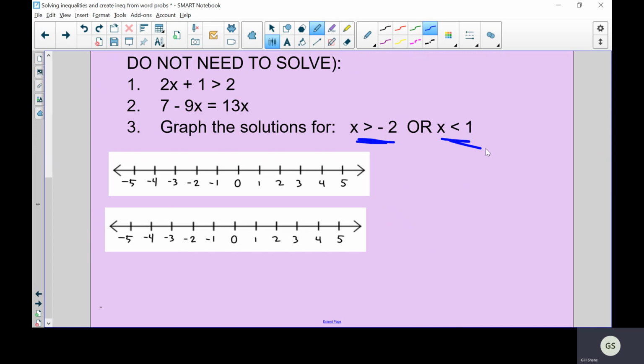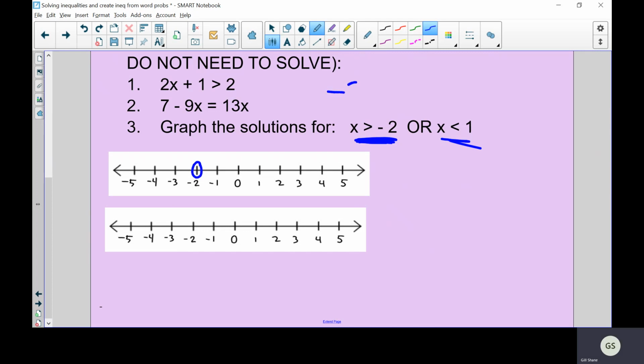The process is the same. We put a circle on the number. We ask ourselves, well, do I need to shade that circle in? The correct answer is I need to determine, is -2 a possible answer when I graph this particular thing? Well, it says x needs to be greater than -2.